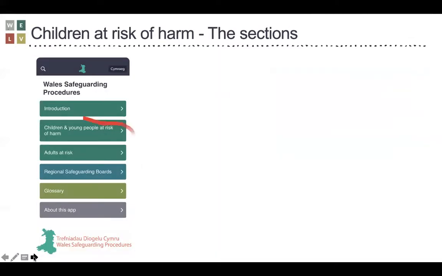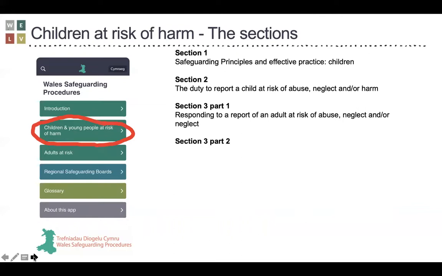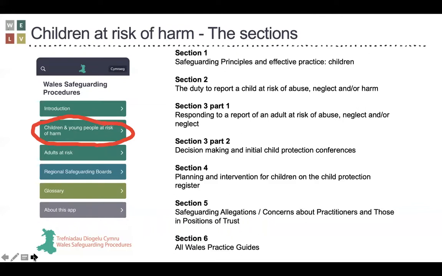The procedures themselves are set out in a number of sections, as you can see appearing on the screen now. Each of the sections effectively describes the stages of the procedures that are to be implemented. We start with section 1 that defines the principles and effective practice for working with children who may be at risk.